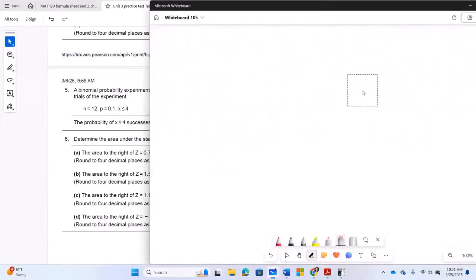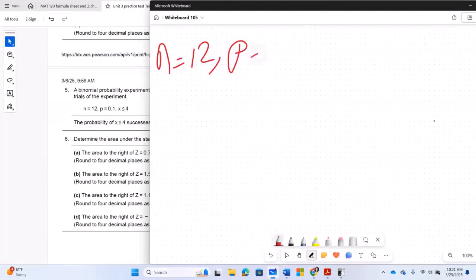So this is the binomial distribution question. First of all, everything about it is given to me. Sample size is 12. Probability of success is 10%, or 0.1. The random variable is x, and x is less than or equal to 4. So I'm accumulating to the left. By the way, what does this all mean?